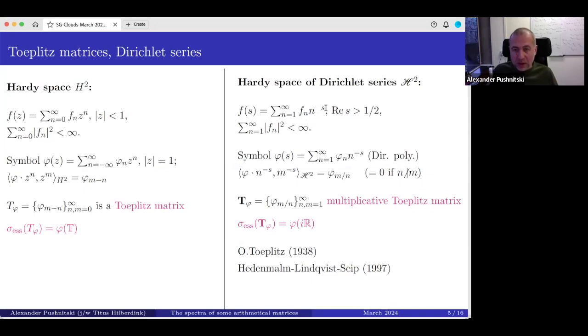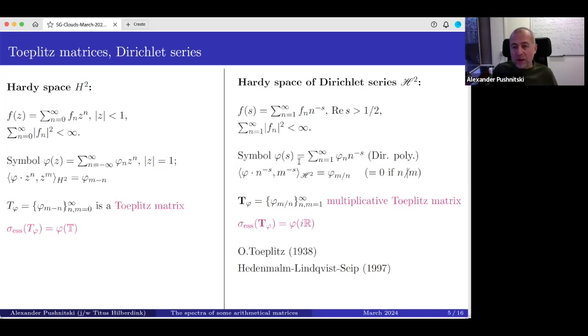So you take an arbitrary Dirichlet series, and you require that the coefficients are square summable. This gives you a certain norm on this space. It becomes a Hilbert space. And by Cauchy-Schwarz, you see that this function will be analytic in the half plane where the real part of s is greater than 1/2. So this half plane plays a similar role to the unit disk in the standard theory.